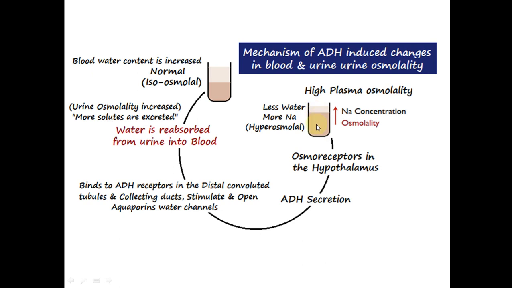It has increased osmolality. This increased osmolality will stimulate the osmoreceptors in the hypothalamus, and the hypothalamus in response will cause antidiuretic hormone secretion. The antidiuretic hormone will go in blood and it will act on the distal convoluted tubules and collecting ducts in the kidney nephron.